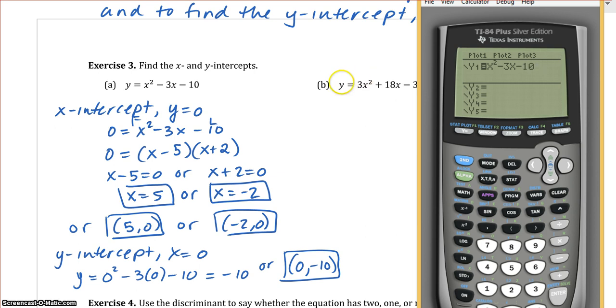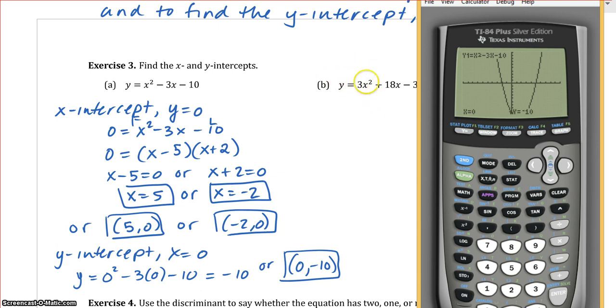And I'm just going to go to zoom, my standard window, 6. Let's see, we have a -2, 1, 2. Go to trace.